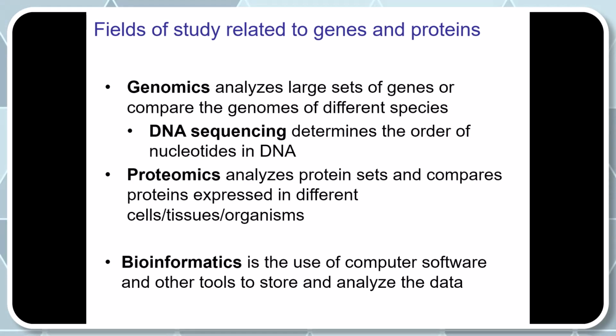Proteomics then looks at protein sets and compares the proteins expressed in different cells or tissues or organisms. So we could look at the proteins expressed in a cancerous cell versus a non-cancerous cell. And then with all of this information from genomics and proteomics, we've got bioinformatics, which uses computer software and other analytical tools to store and analyze all of this data.